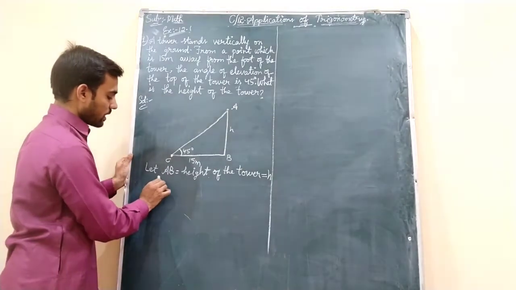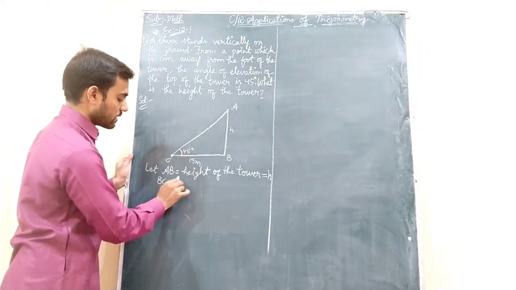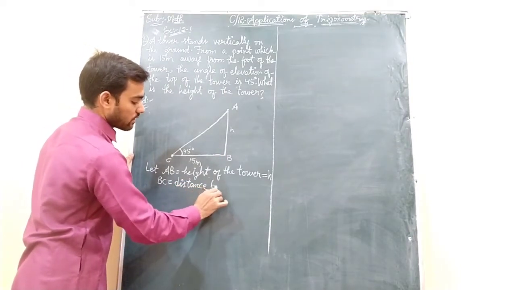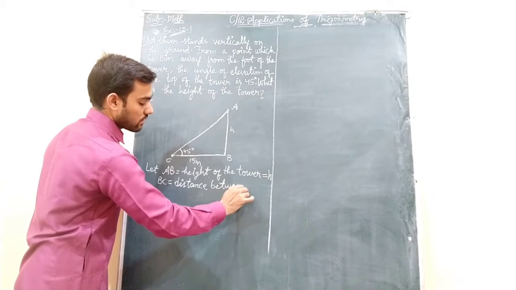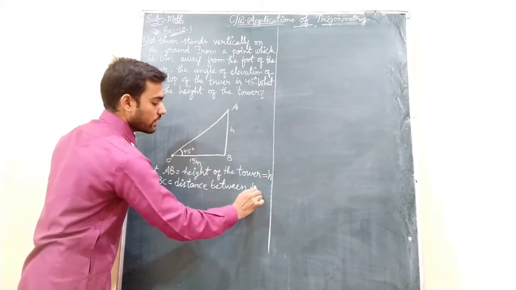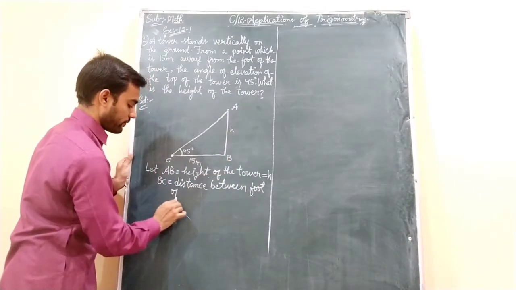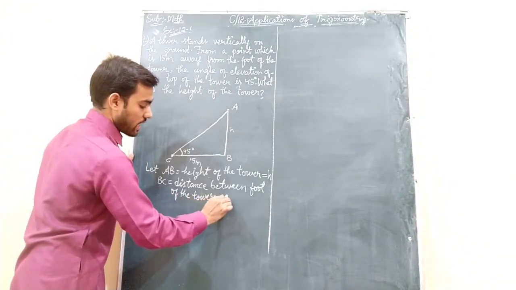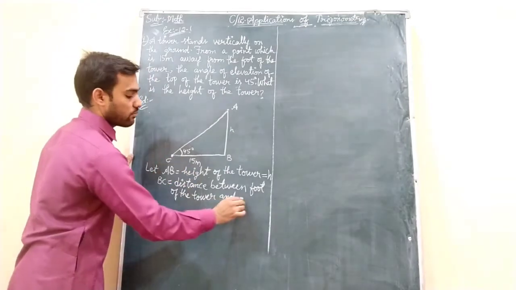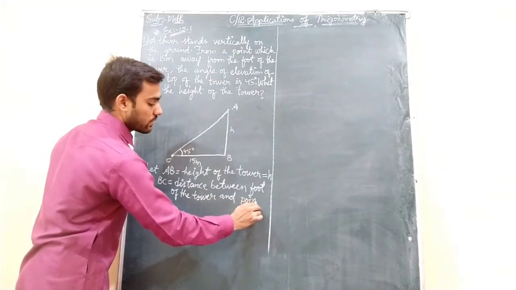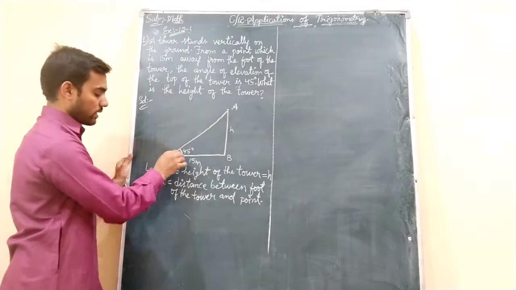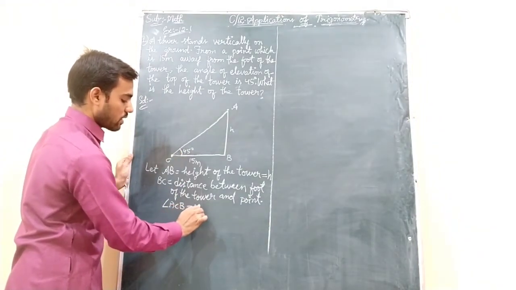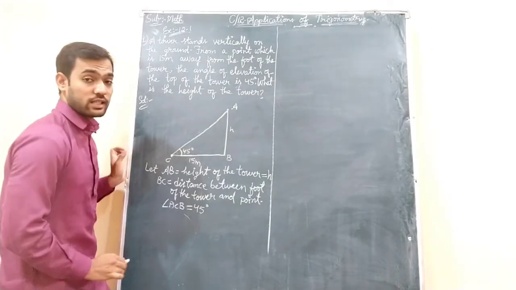Now BC is the distance between the foot of the tower and the point. And this angle ACB is 45 degrees. Understand?